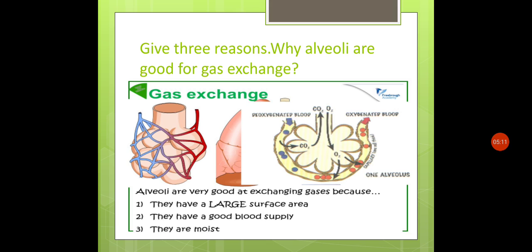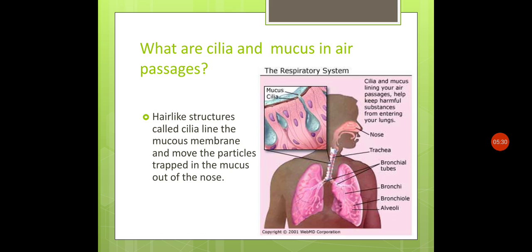Give 3 reasons why alveoli are good for gas exchange. Alveoli are very good at exchanging gases because they have a large surface area, they have a good blood supply, and they are moist. What are cilia and mucus in air passages?